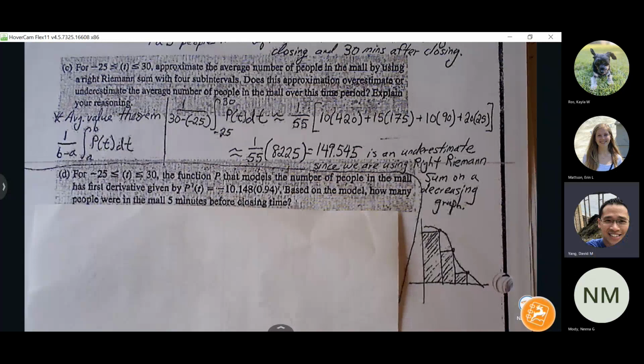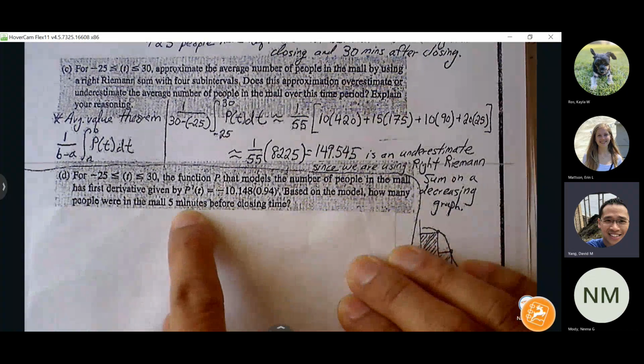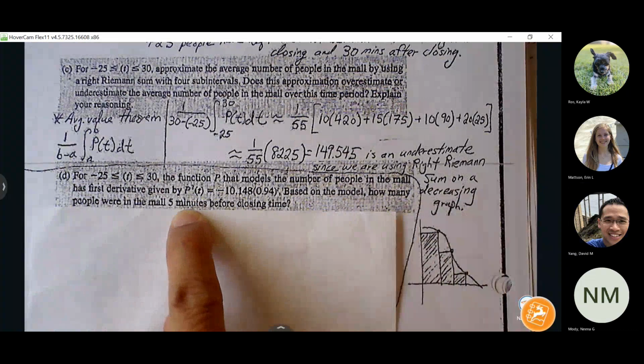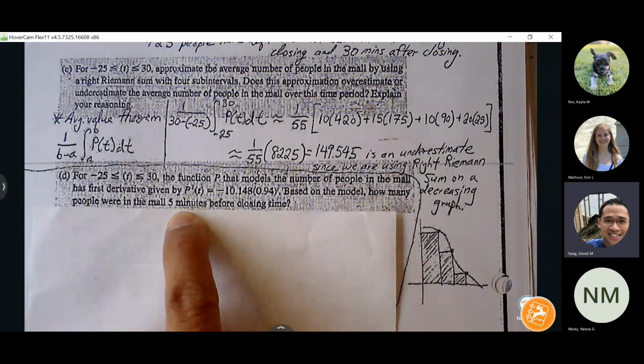So we're going to use the data to gain more accuracy, in the sense that if we know how many people are in the mall at 15 minutes before closing, that's going to be a way for us to gain more accuracy, right? Rather than choosing a time that's further away.